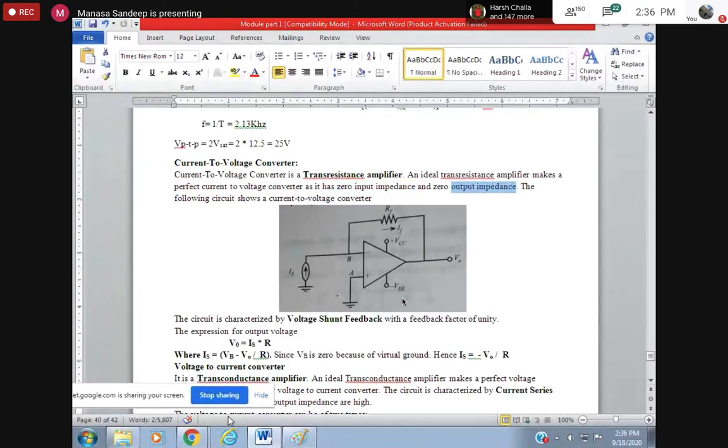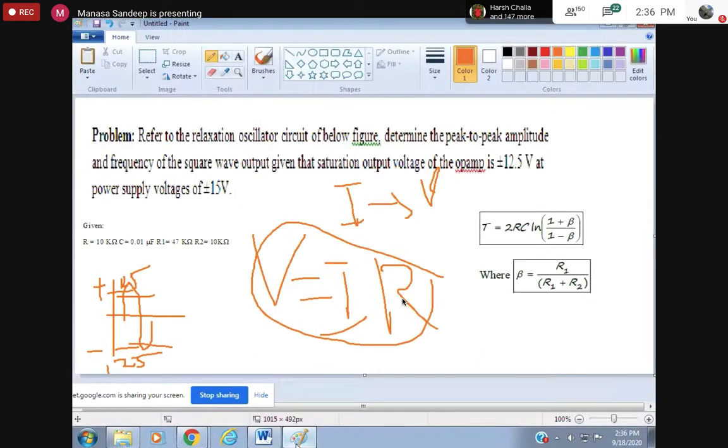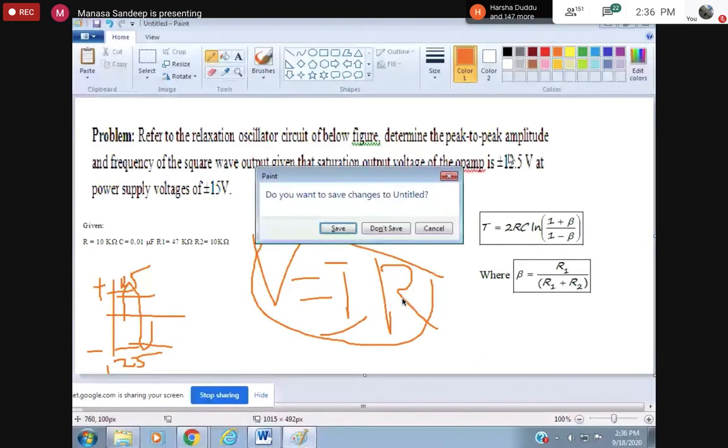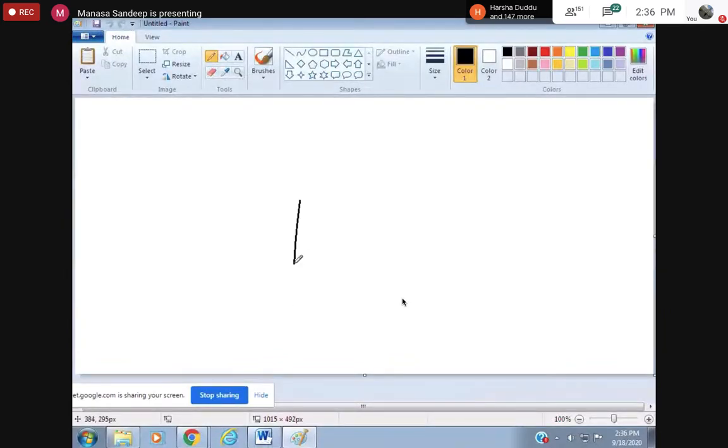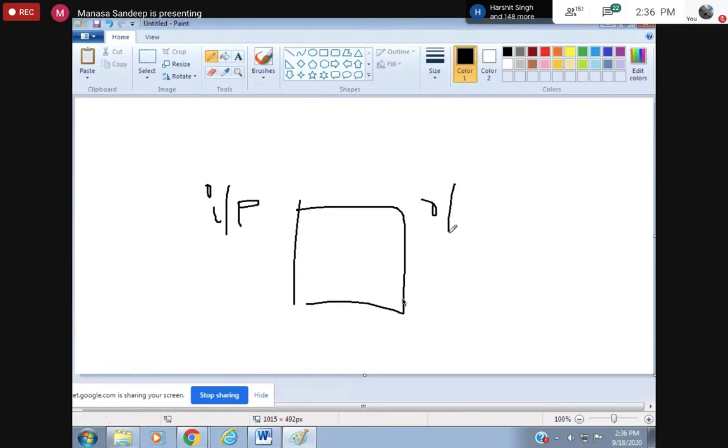What exactly is this? I don't know how much you will understand. This is an amplifier, right? Here you have the input side, here you have the output side. On the input side you have current, and on the output side you have voltage.